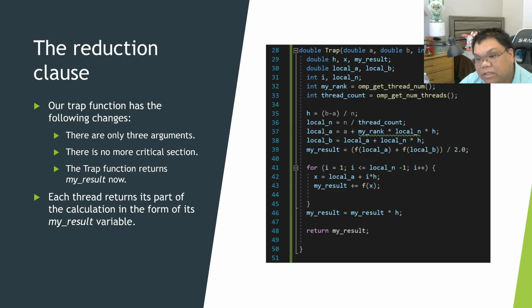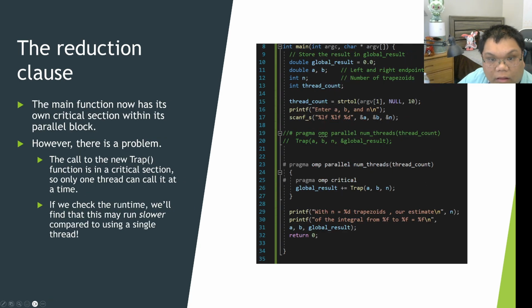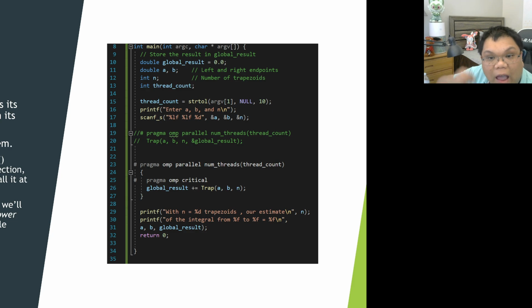Each thread calculates its part of the calculation in the form of its myResult variable. So now there's no critical section anymore, because instead of adding to a global result, we're now returning the value of that local sum, so that it would eventually be added to the global sum.